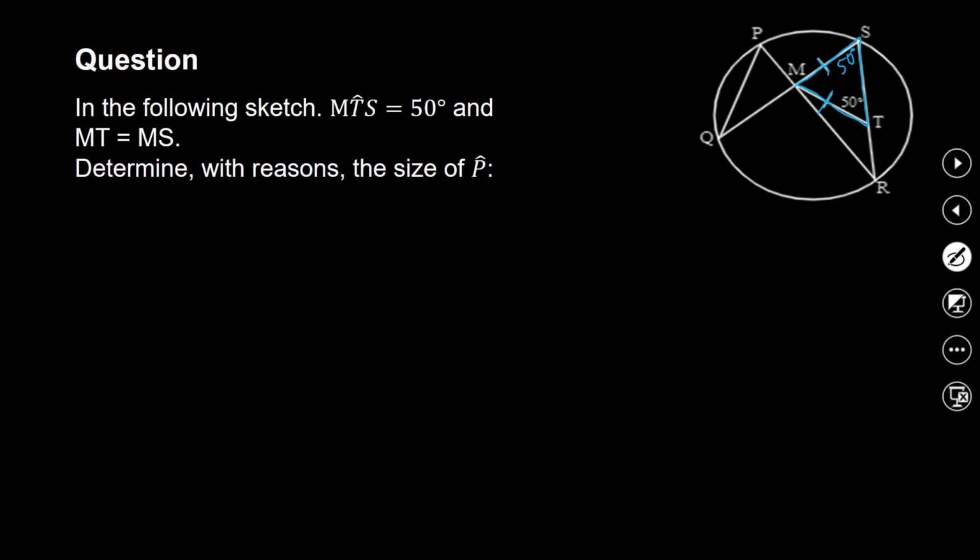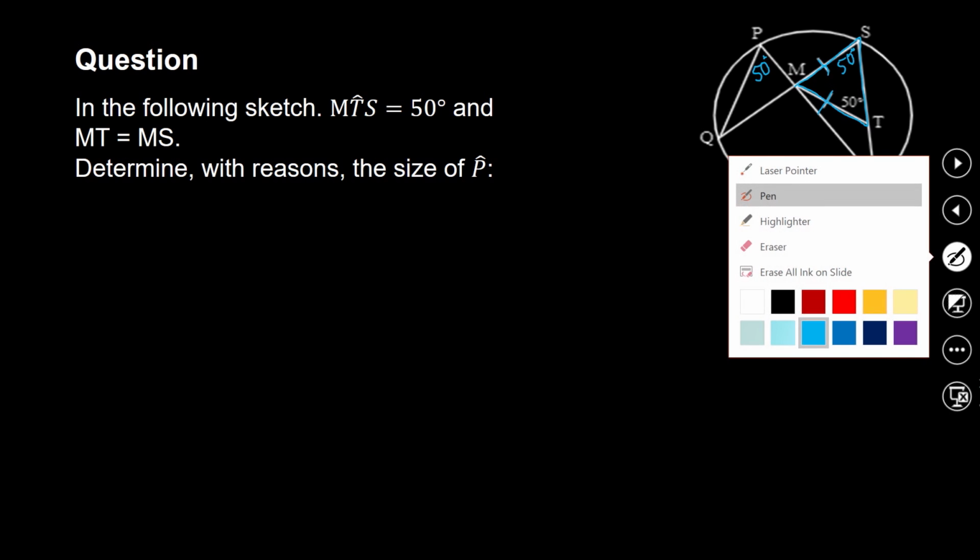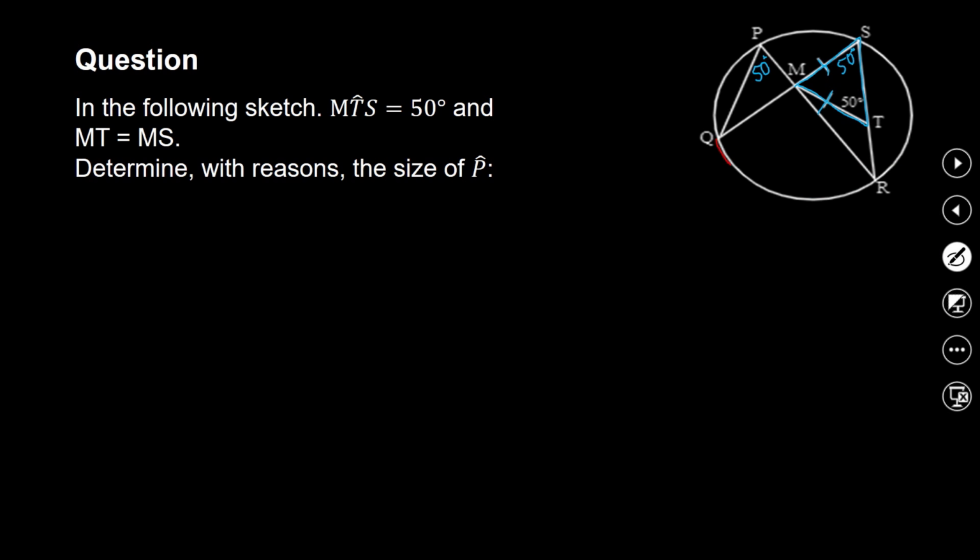And if that is 50 degrees, this will also be 50 degrees because they are subtended by the same arc. This angle there and that angle there are subtended by the same arc.